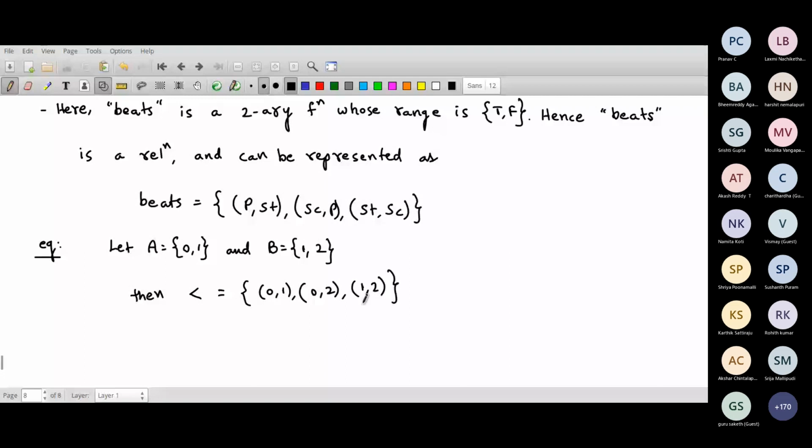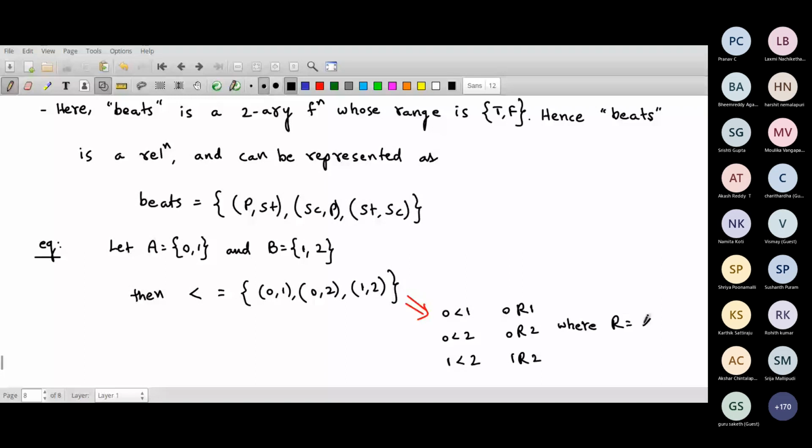Okay. So this can be understood as 0 less than 1, 0 less than 2, and 1 less than 2. So this is nothing but (0, 1), (0, 2), and (1, 2), where R is nothing but the less than relation.